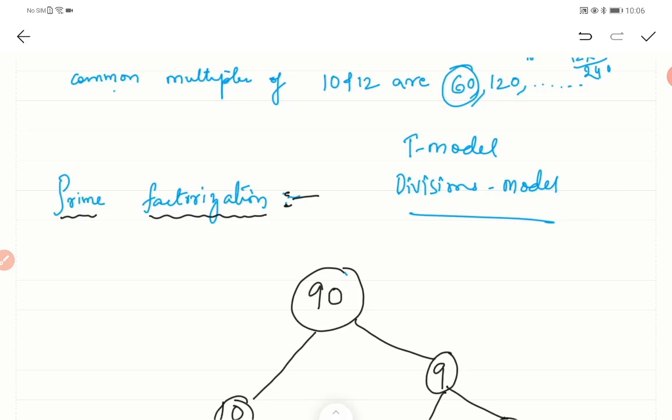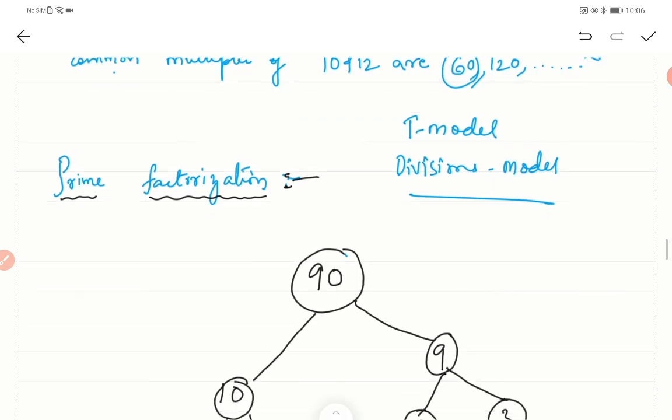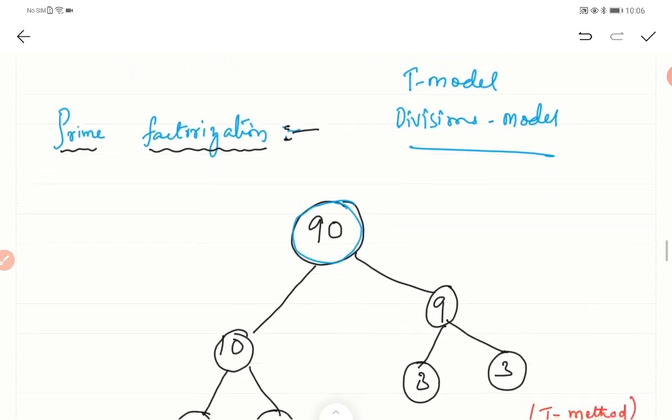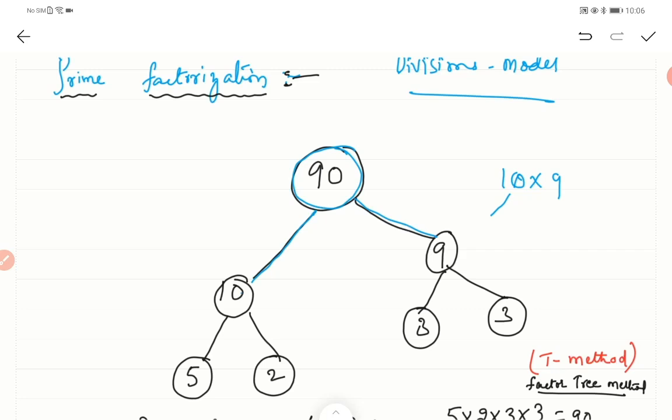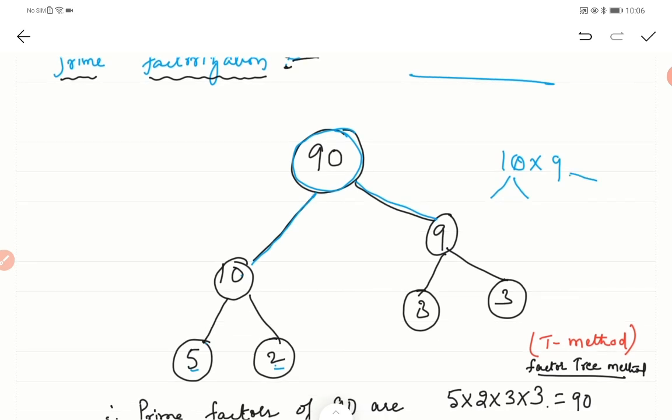Now, what is exactly the prime factorization procedure you are going to see? A prime factor is a number you get which is not further divisible. Suppose you have the number 90 given. I can break this number 90 as 10 into 9. 10 into 9 is what? 90, isn't it? Again, further I can divide this 10 as 5 into 2, and 9 I can divide as 3 multiplied by 3.